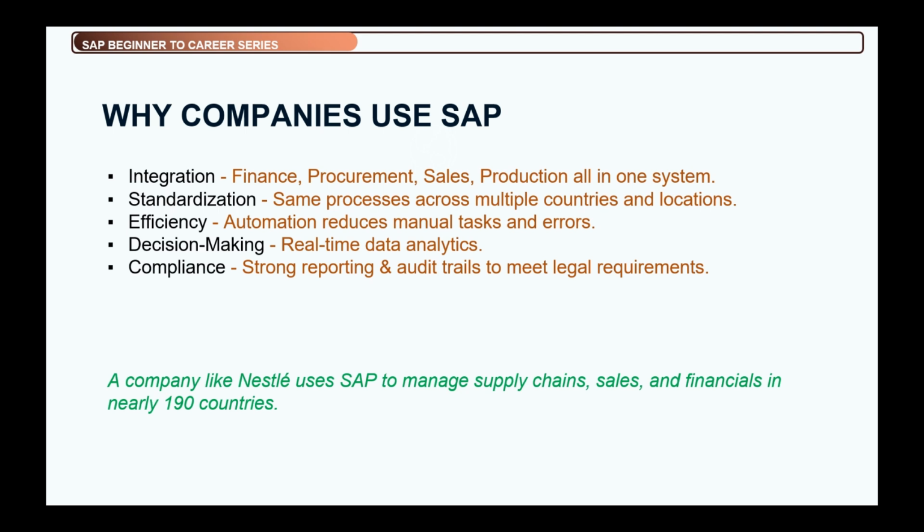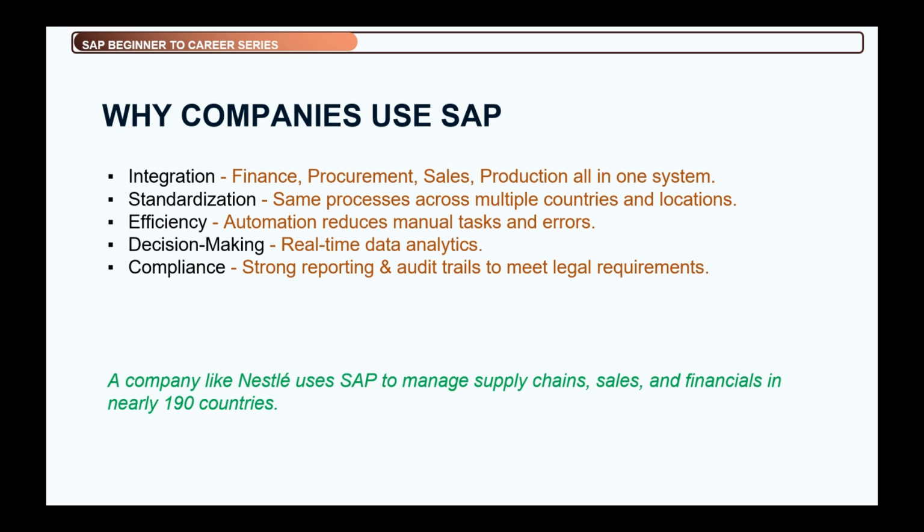As an example, the way of raising a sales order is not going to change whether you are raising it sitting in Sri Lanka or sitting in India, or whether you are raising it sitting in your head office or at your plant. The process won't change. So it will provide a standardized solution across all locations, all countries. That's the beauty of having the SAP system within your organization.